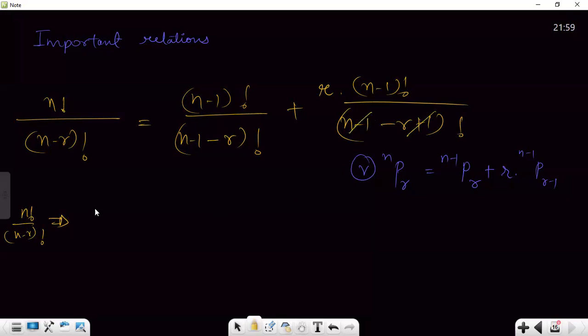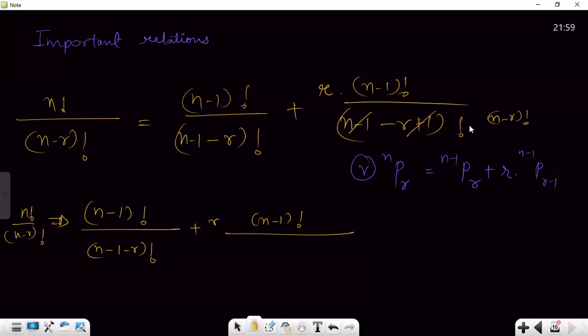Okay. So n minus 1 factorial divided by n minus of 1 minus r factorial plus r into n minus 1 factorial divided by n minus r factorial. So that has become n minus of r factorial. So let's now expand it because we are able to see something here. n minus of r into n minus of r minus of 1 factorial.